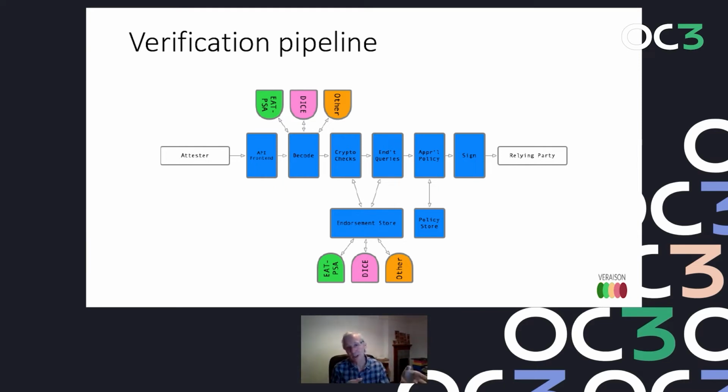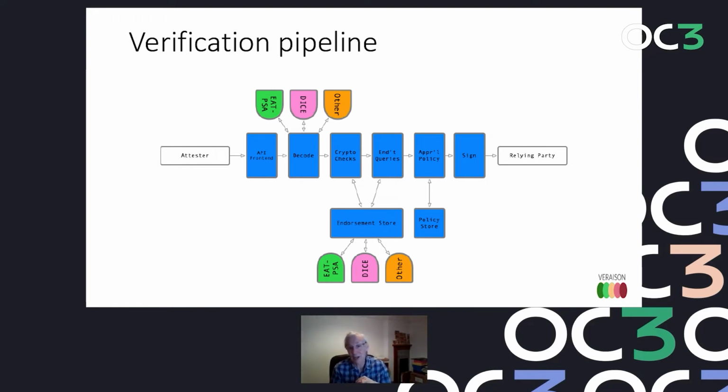Essentially what happens is that when the token is sufficiently unpacked, the evidence is extracted and put into a common form by the understanding of the deserialization and pieces like that. And then there is a set of queries that can be made to the endorsement store to get the data that is necessary to validate a claim.